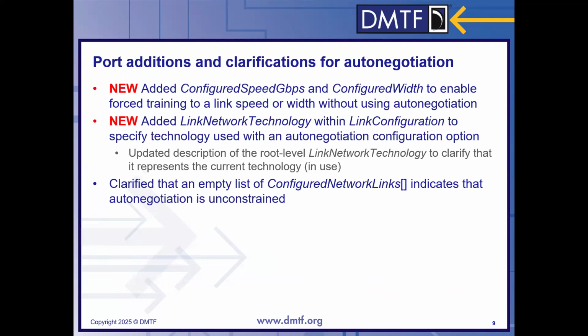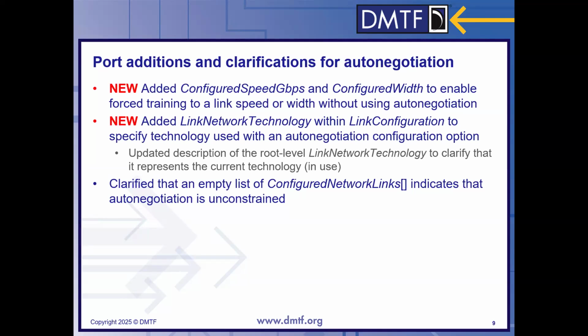All right, the other change worth mentioning were some clarifications and additions we made to the port resource. It was pointed out that all the writable properties for setting up a configured speed and a configured width were all in the context of auto negotiation.